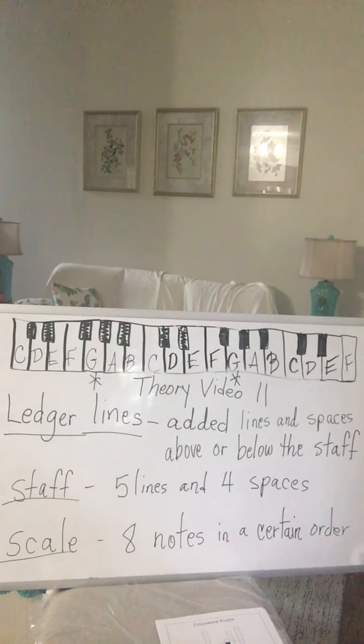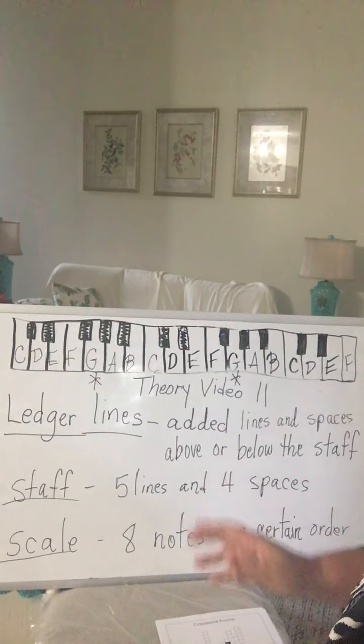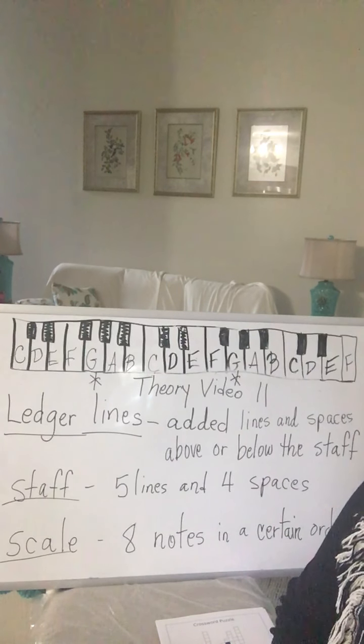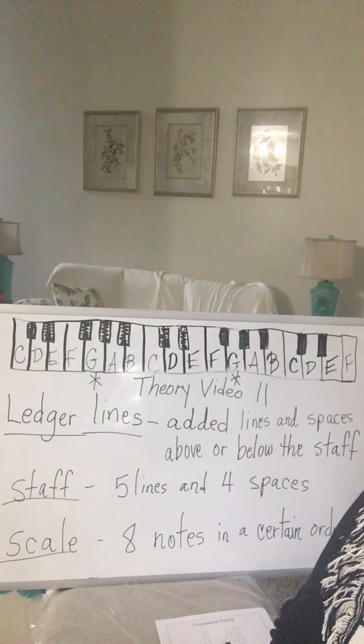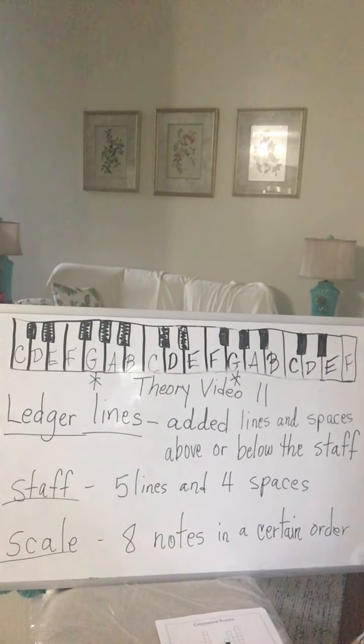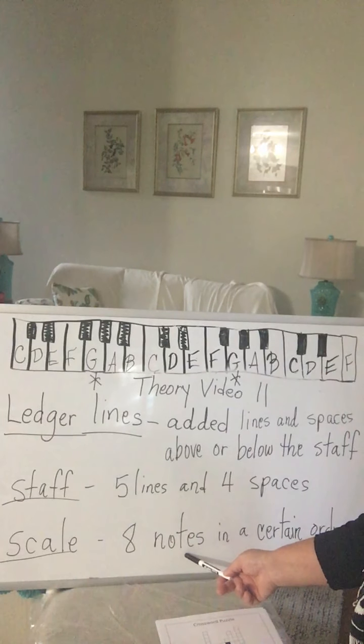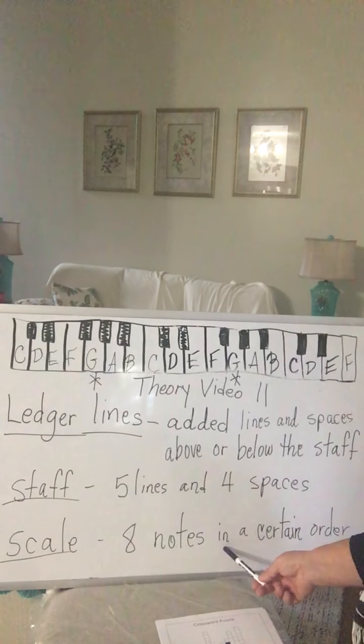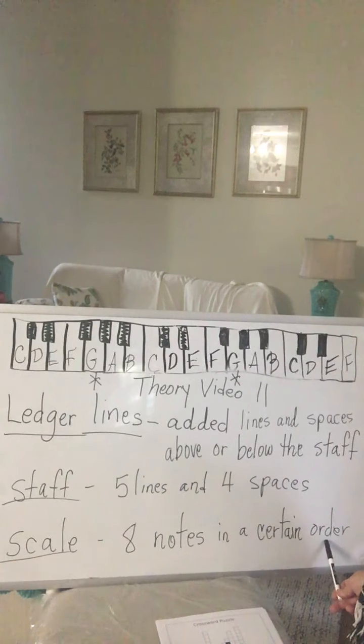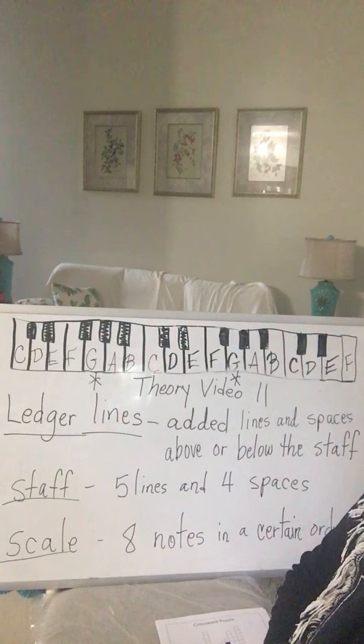Okay, and our third word on this chart so far is a scale, S-C-A-L-E. And in music, we know that a scale is when we play 8 notes in a certain order. We've already played the C major scale, and I've introduced the G major scale.